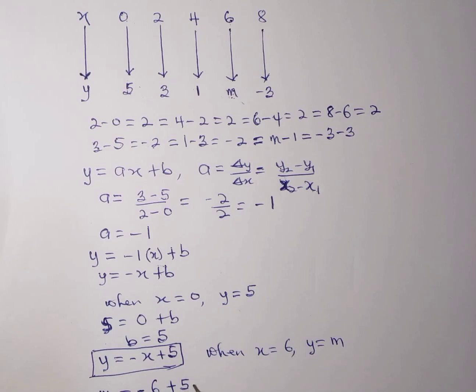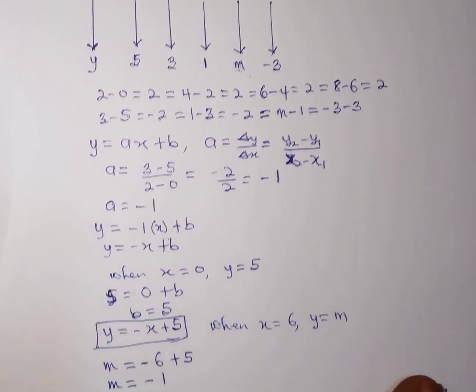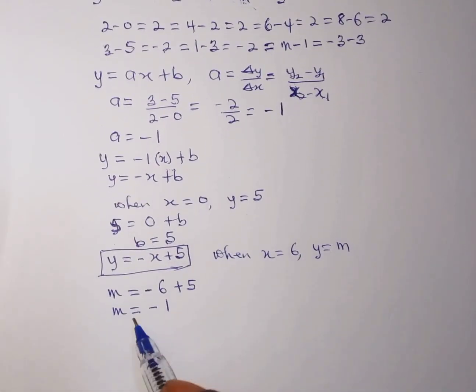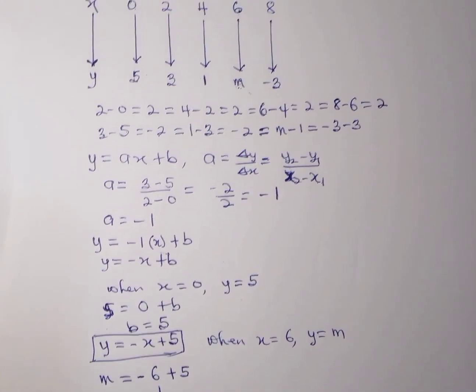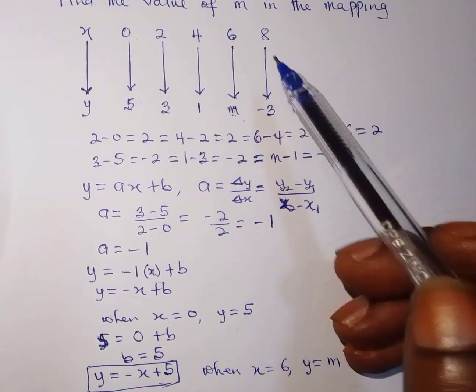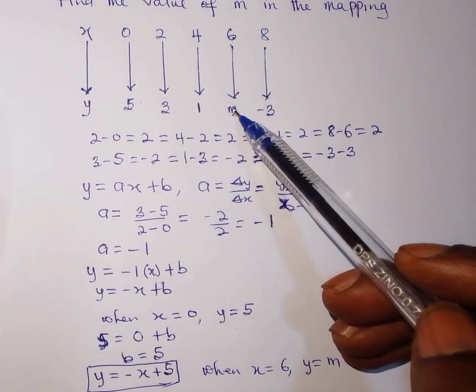Okay, good. Then my M is equal to negative 1. So my M is negative 1. It means that the image of this 6 is negative 1.